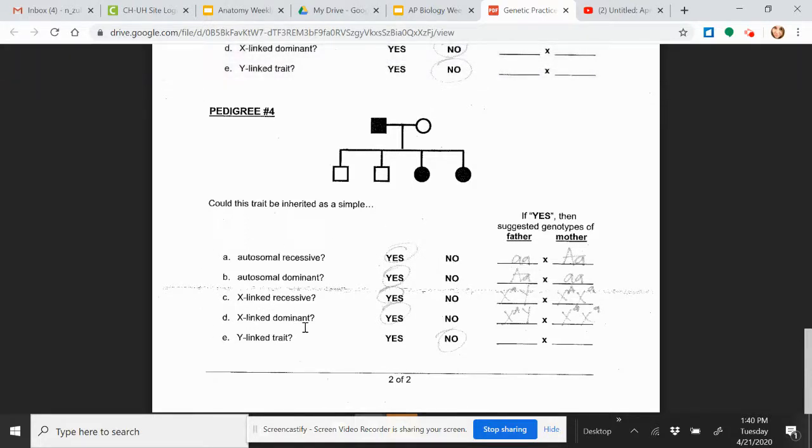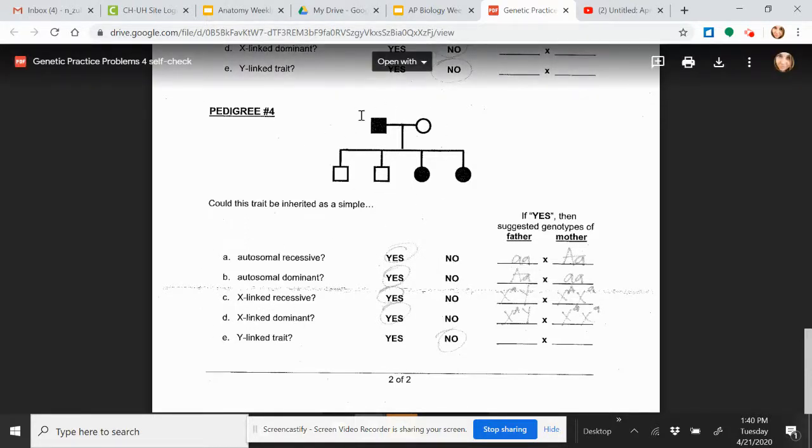Could this be sex-linked? Yes, it could be recessive or dominant. Again, we don't have enough information. But if it was in fact sex-linked recessive, we would see that the mom is a carrier and the dad has the trait. If it was X-linked dominant, we could see the dad having that large A, but the mom lacks it.